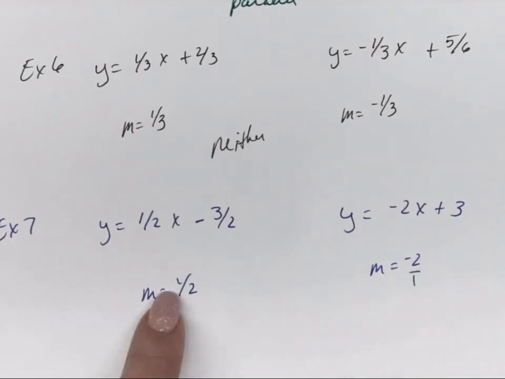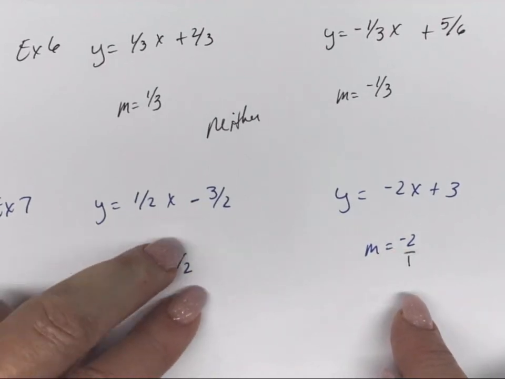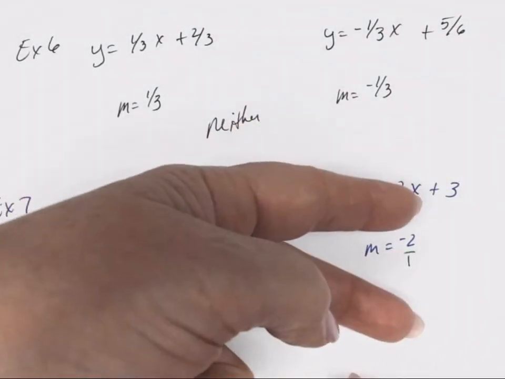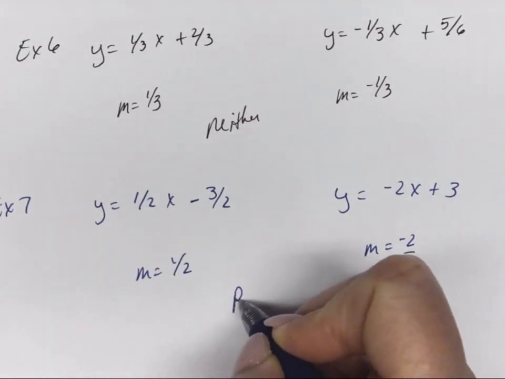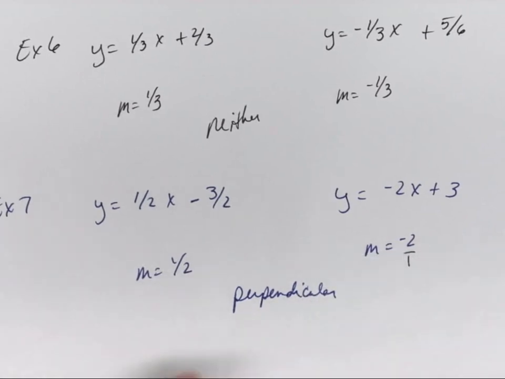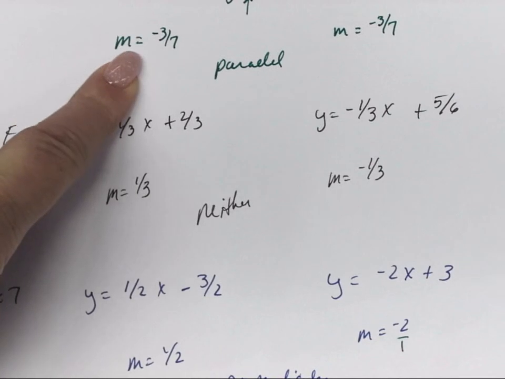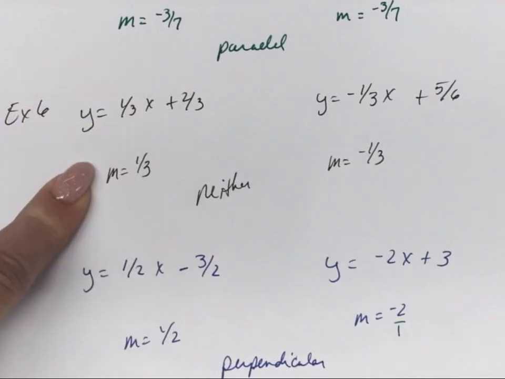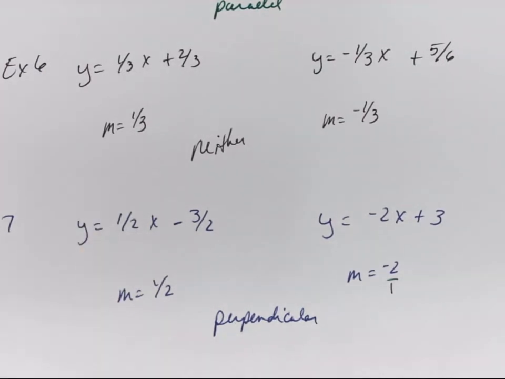This one is positive and this one's negative, so the signs are flipped, and 1/2 flipped over would be 2 over 1. Because the number and the sign are both flipped, this makes it perpendicular. So, perpendicular lines, neither, parallel lines: exactly the same, not exactly the same, not exactly the opposite, and then that flipped sign and number.